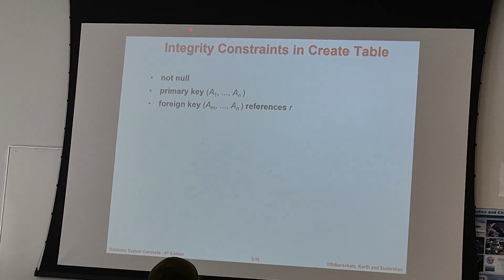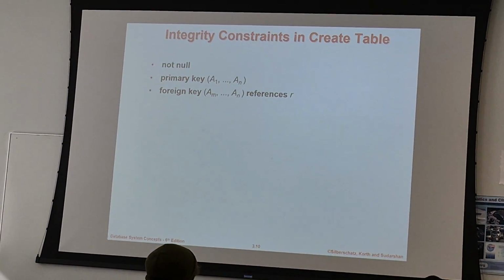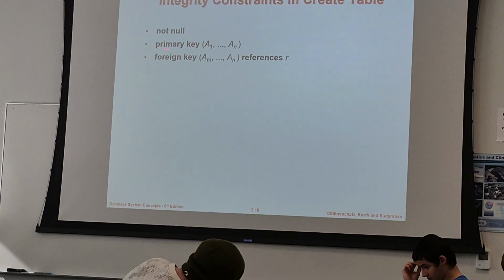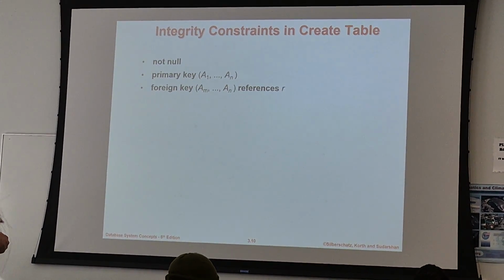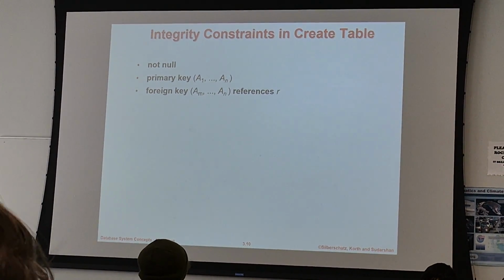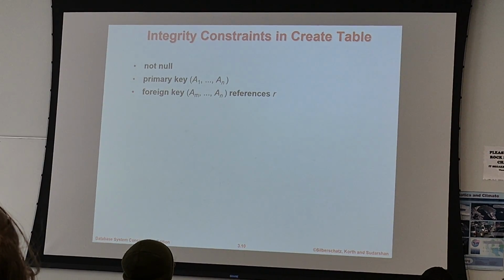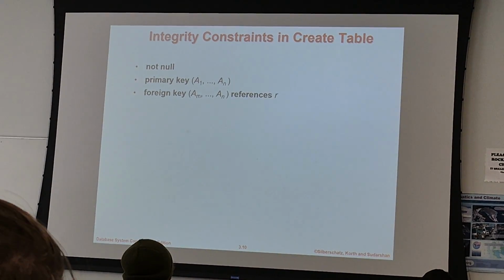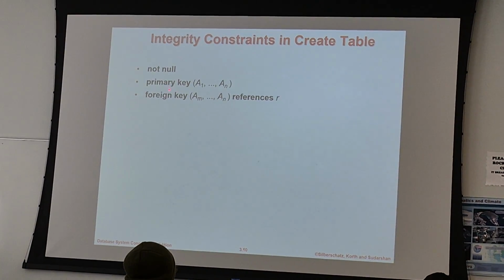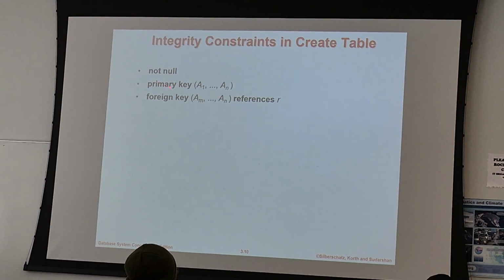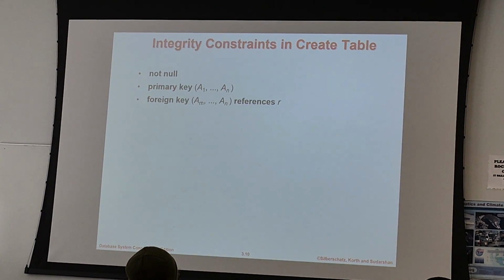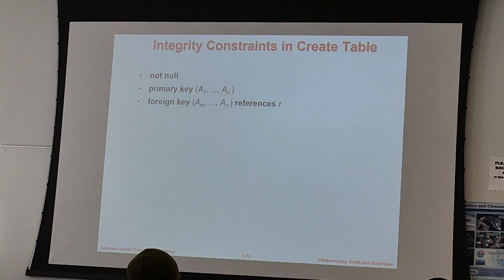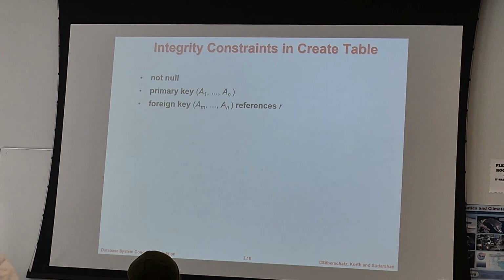More constraints, primary key I talked about. And again, if you define a field as a primary key, that's almost the same as auto number in Access. That is, that field will also by default be not null. But auto number, of course, creates a new number as a new row is created.